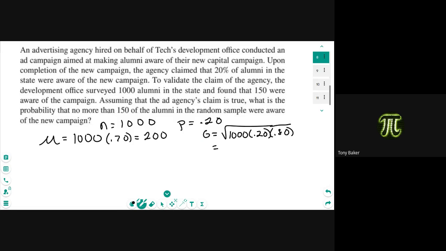All right, so we got 12.65. Here's my standard deviation. All right, find me my z-score. 12.649, I got when I did the standard deviation.